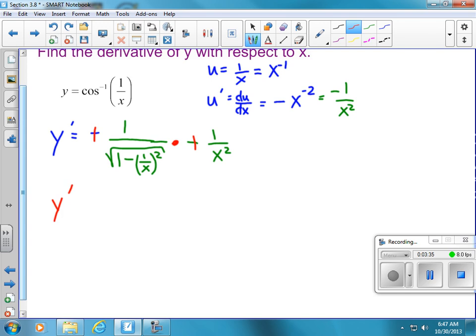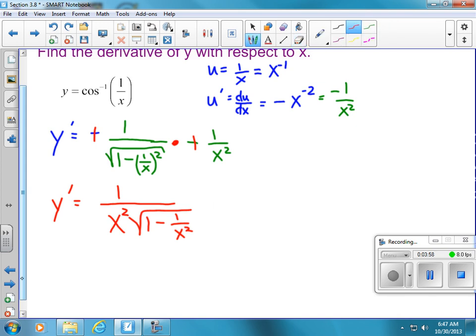Let's rewrite this and clean it up, and then we're going to do some fancy stuff. 1 over. All right, so we have the square root of 1 minus 1 over x squared inside the square root sign. We also have an x squared, which I'm going to write in front of this just so that you know it's not under the square root sign.